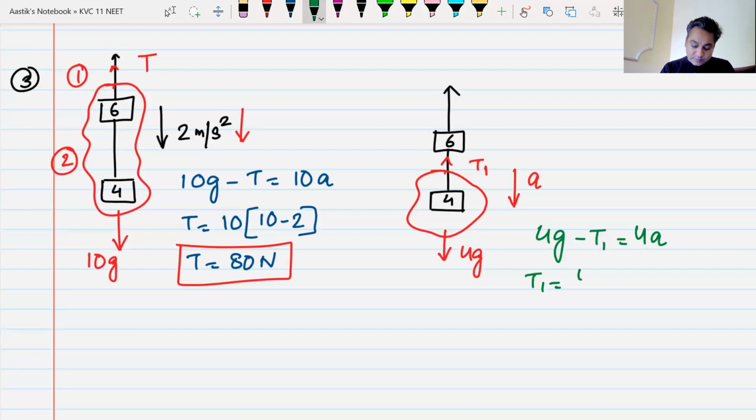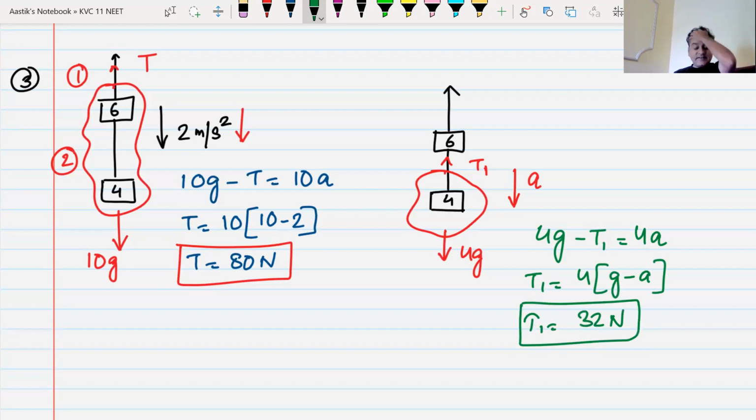T1 will be equal to 4 into G minus A. G is 10, A is 2, 4 into 8. T1 is 32 Newton. So this is how we can do this. Does anyone understand this? Yes or no? Okay, well done. That will take us to the next category of problems.